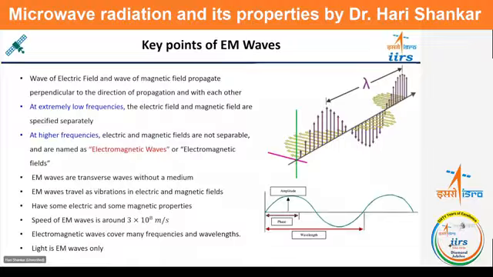So in remote sensing, though this electromagnetic spectra has electric as well as magnetic fields, in the remote sensing process we only consider the electric field vector, because the magnetic field vector is not changing very rapidly, especially in the remote sensing process.